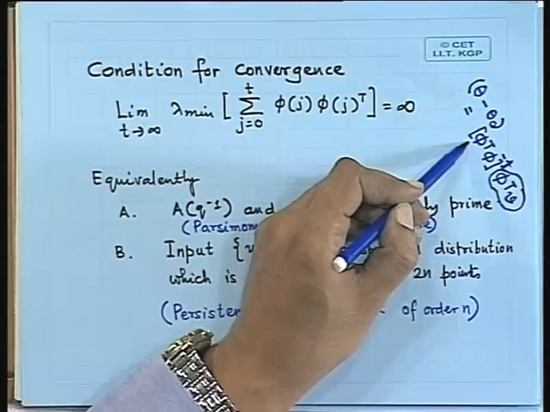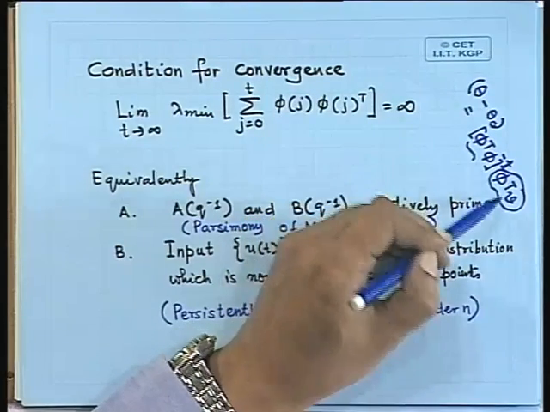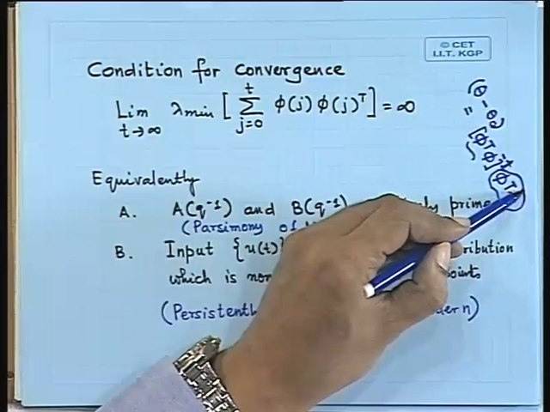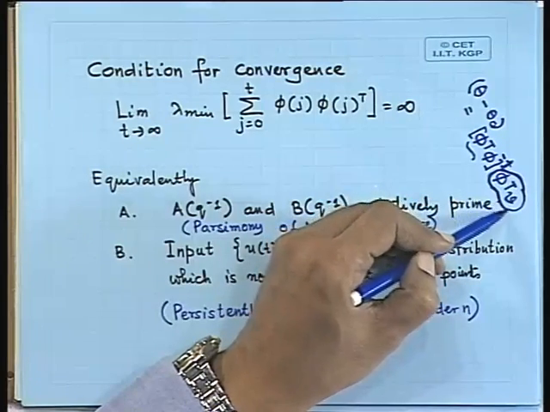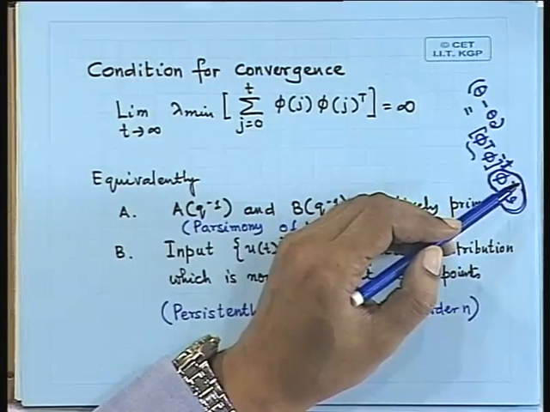And the second condition is that, even if we ensure this is small, it cannot always be ensured to be 0.